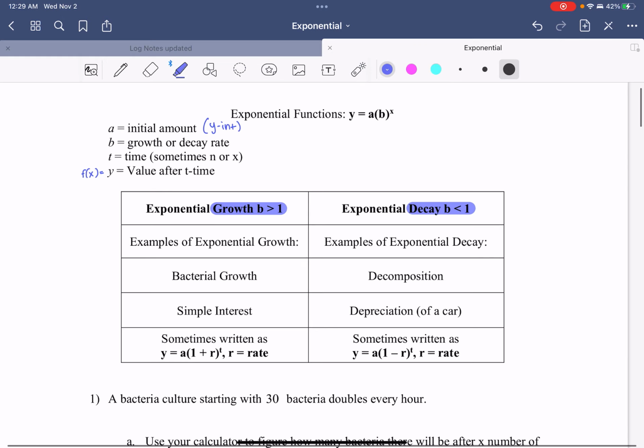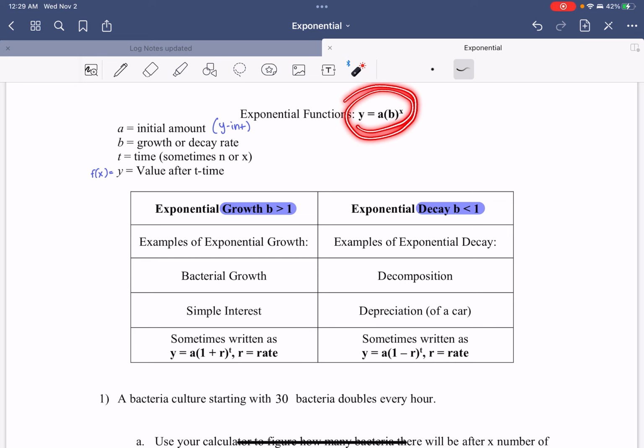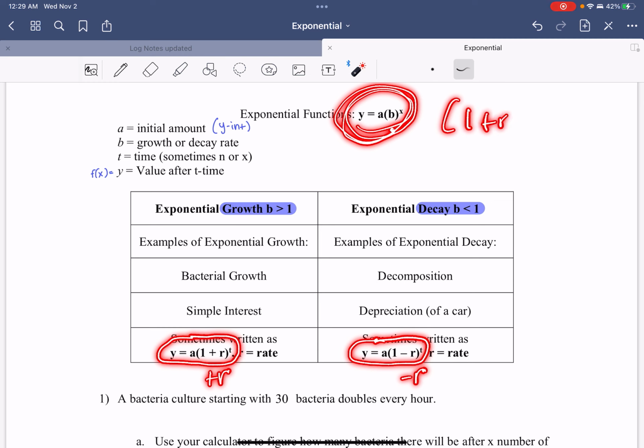So the main equation for exponential functions is y equals a times b to the power of x. But you can also use this formula here. Depending on whether you're going to have exponential growth or decay determines if you're going to be adding the rate or subtracting the rate. Basically the whole 1 plus r will represent the b, and the whole 1 minus r represents the b.